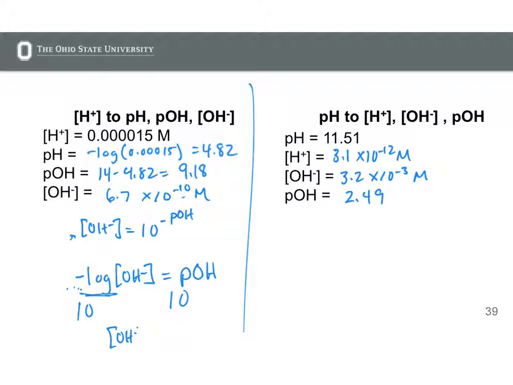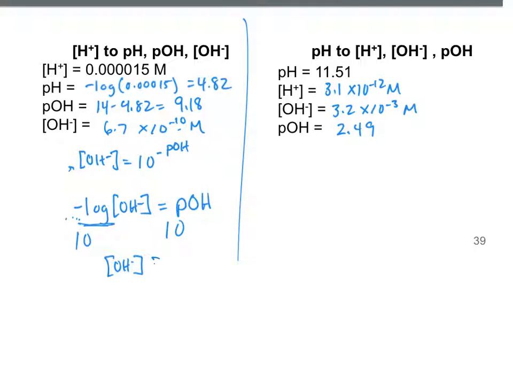So you end up with OH minus equals 10 to the minus pOH. So the other thing I did here is move my negative sign over without telling you. Does that help at all? Okay. I'm really bad at explaining the math part.